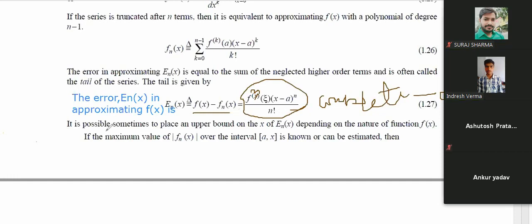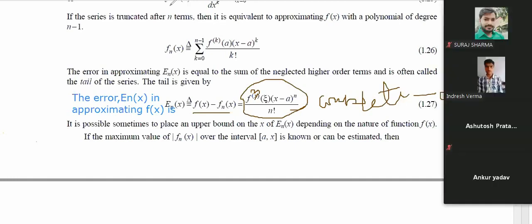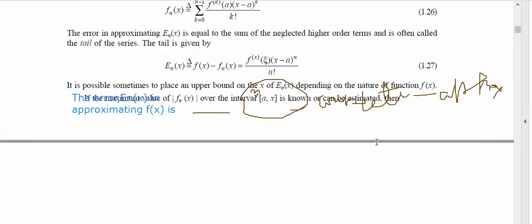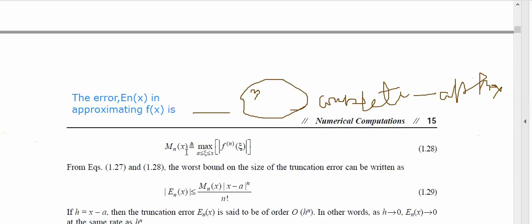It is possible sometimes to place an upper bound on the E_n(x). Now we are interested in the upper bound of E_n(x). If the maximum value of f_n over the interval a to x is known or can be estimated, then E_n(x) is equivalent to the maximum of f_n(eta), with eta ranging between a and x.